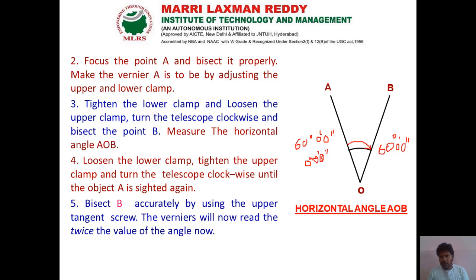Now we have to tighten the lower clamp screw and release the upper clamp screw, so that we can rotate our instrument by changing the vernier scale reading itself. When rotating the telescope we have to bisect the point B exactly. Then we tighten the upper clamp screw and note down the readings of vernier A and vernier B, so that the reading becomes 120 degree right now.